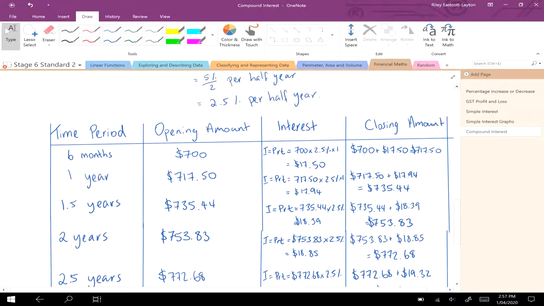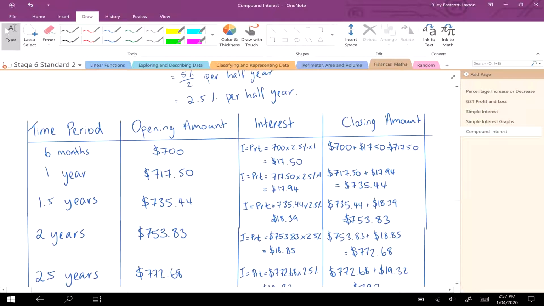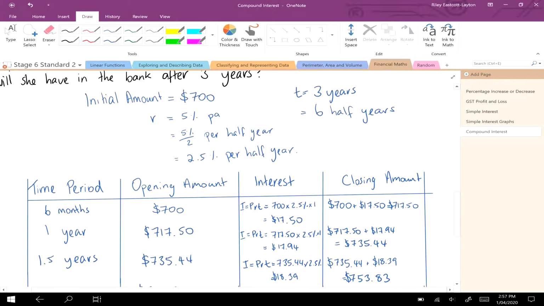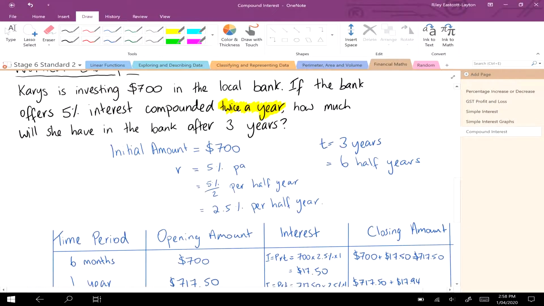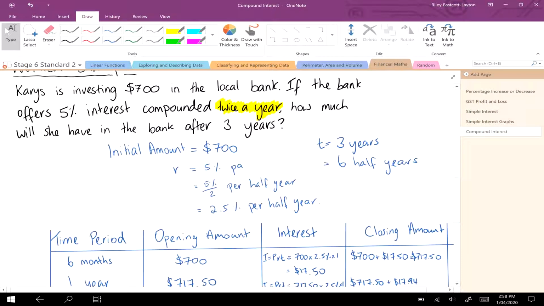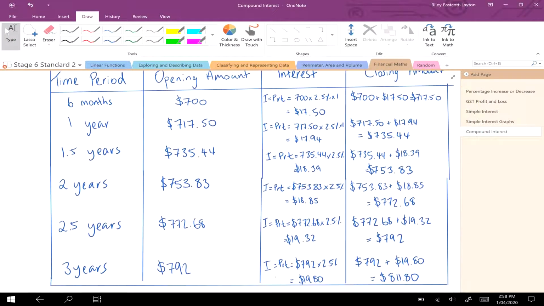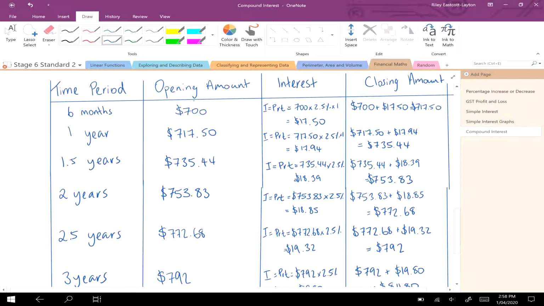Alrighty guys, so there you have it. I've drawn up the table. We've got down the left hand side our time period. Because the question said that we had to keep it rolling over until she had the money invested for 3 years, we have to keep going until we've got 3 years on the left hand side. Our opening amount up here is $700.